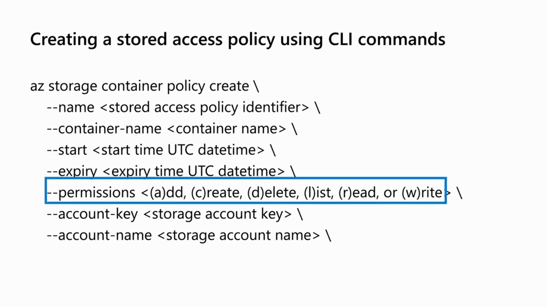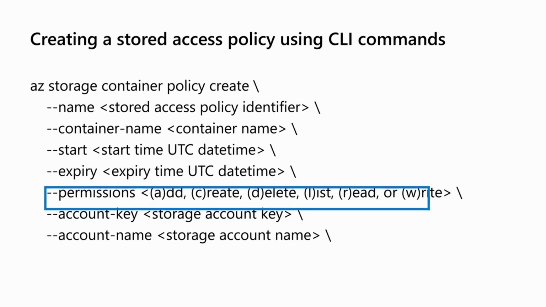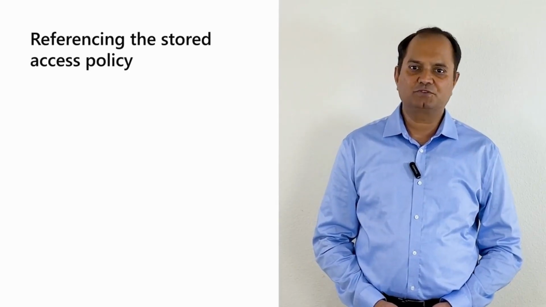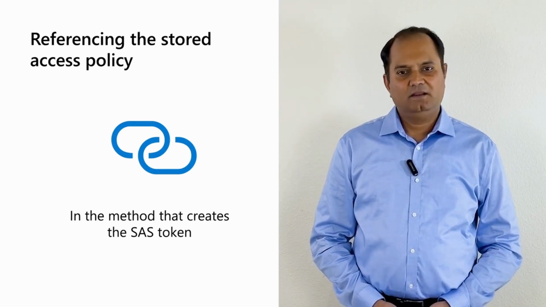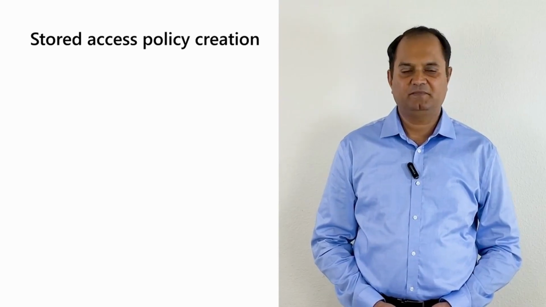You can then specify the permissions granted by the stored access policy. Next, you specify the storage account key and the storage account name. After you create a stored access policy, you can reference the new stored access policy in the method that creates the SAS token.